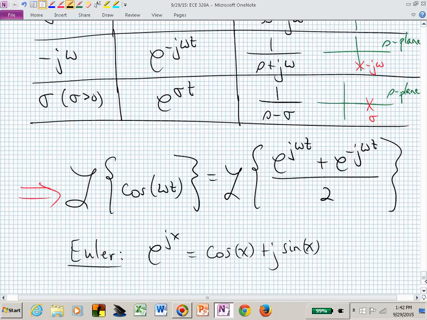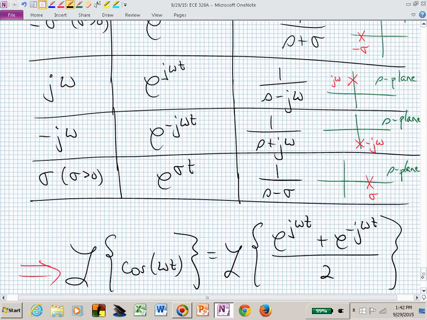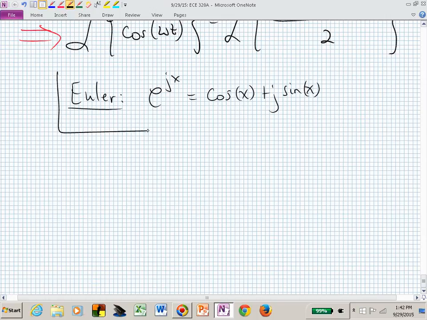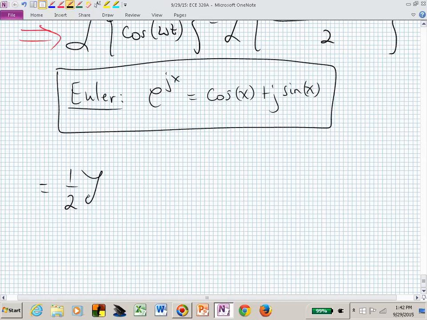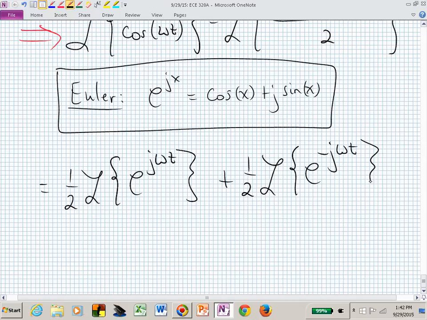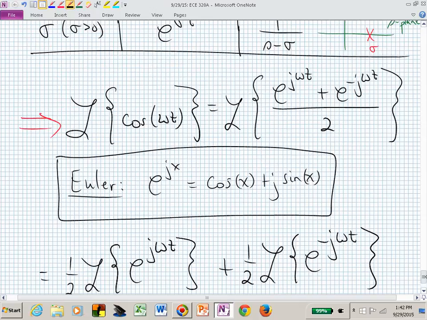But if this is the cosine, do you see that now if I look at rows 2 and 3, I can come up with the Laplace transform of the cosine? The Laplace transform of the cosine, let me say that this is sort of a note aside. This is now equal to 1/2 the Laplace transform of e to the j omega t plus 1/2 the Laplace transform of e to the minus j omega t. I'm just using some linearity properties of that expression.